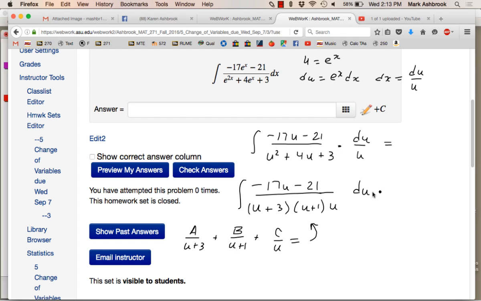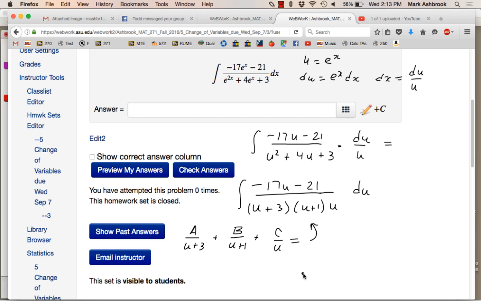Why can't you do that? Because it's part of the function. It's not a constant. It's the variable for which we're integrating. So you can only move constants outside. So this is our variable u. Other questions? So that one's just longer. It's still on the easier side, just more tedious.